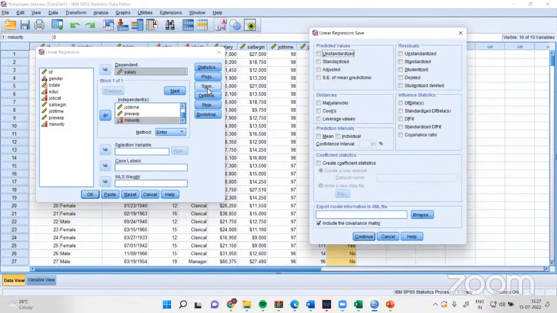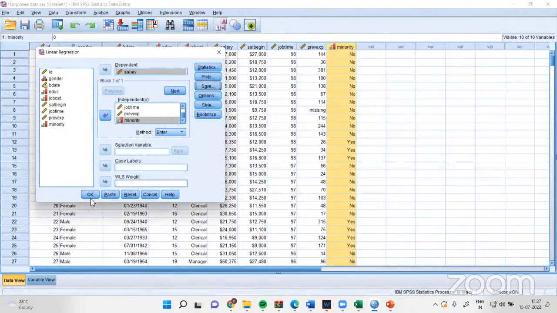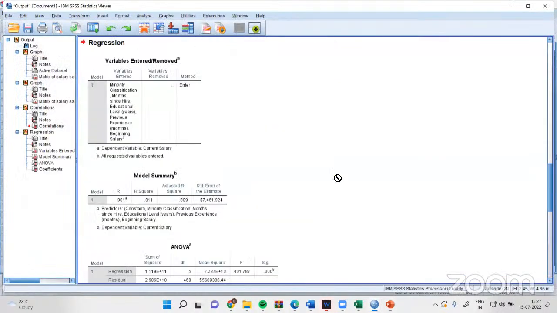Go to save, and click on unstandardized residual and unstandardized predicted value. Both should be unstandardized. Click continue. Click OK.